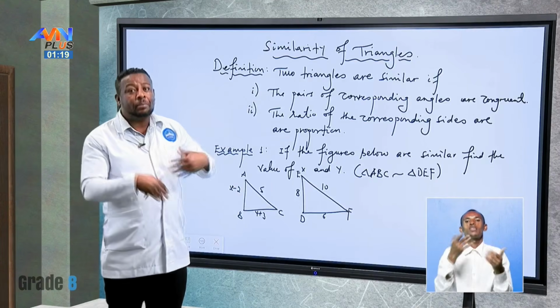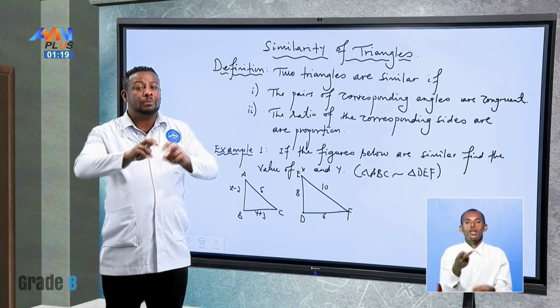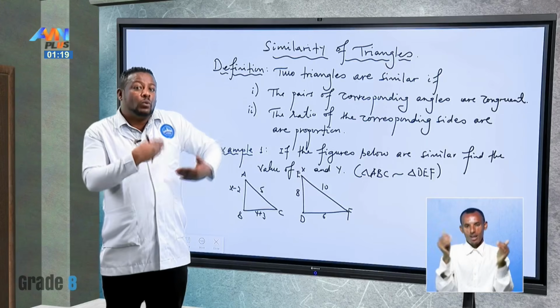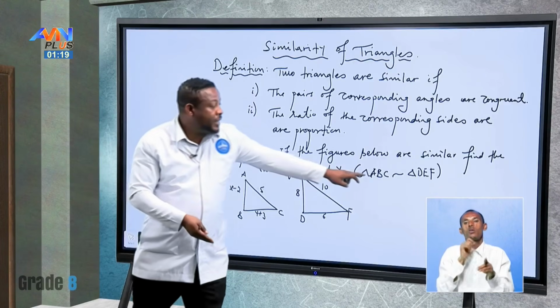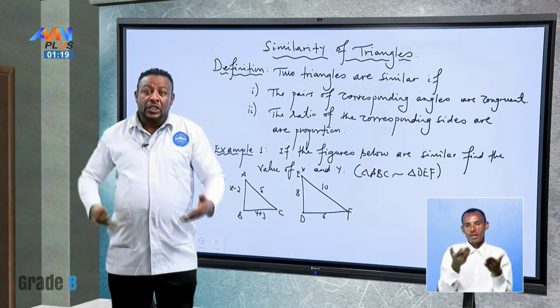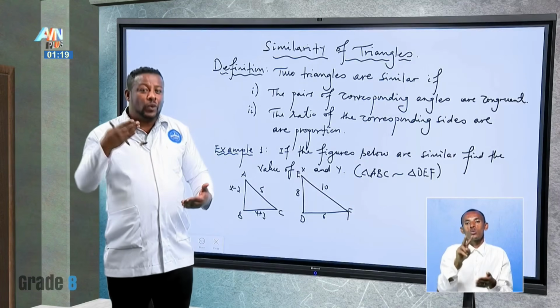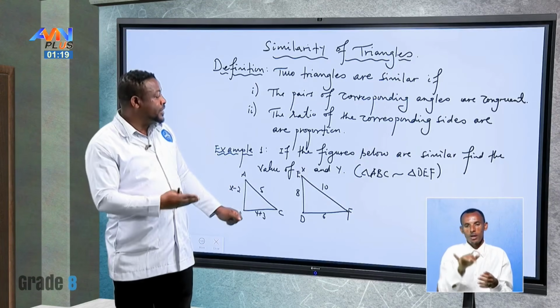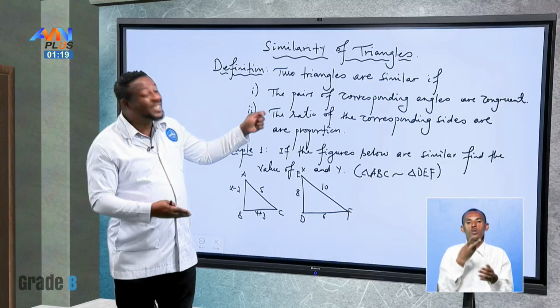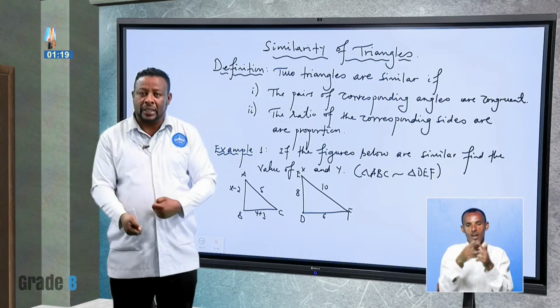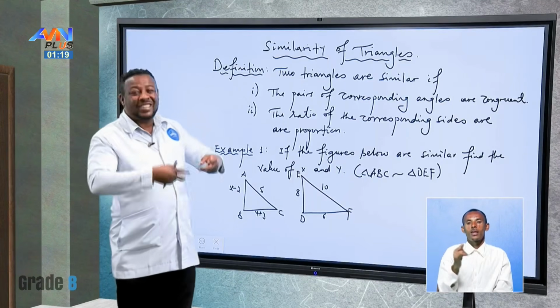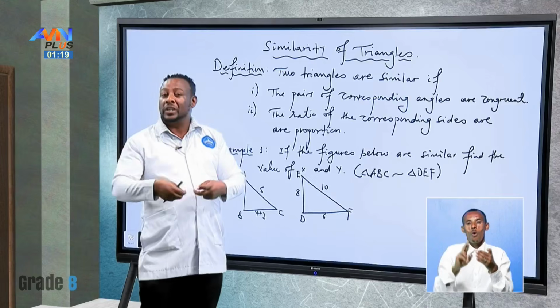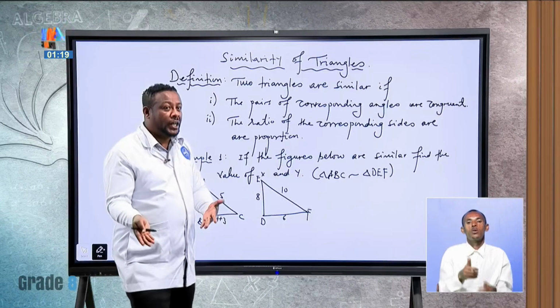The first one is about the pairs of corresponding angles must be congruent. For the time being, we don't need that thing because it says the two triangles are similar. So the main thing that we need to apply here is the second condition for similarity. It talks about the ratio of all pairs of corresponding sides are proportional.